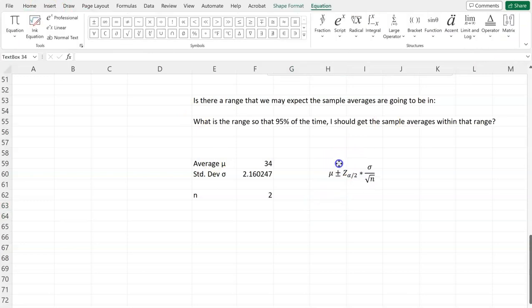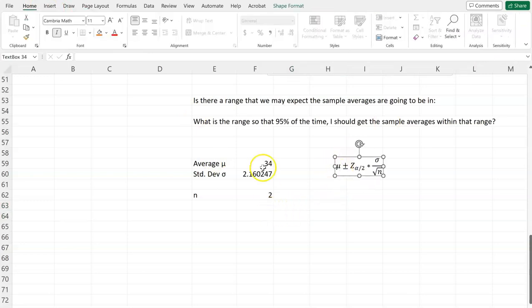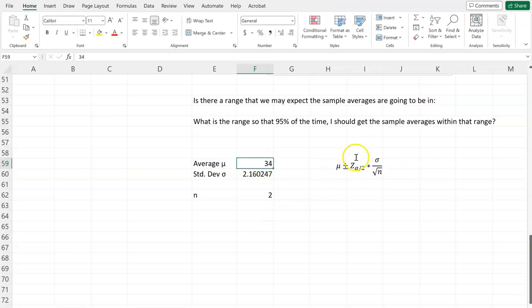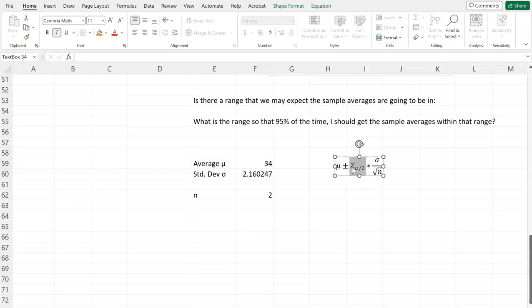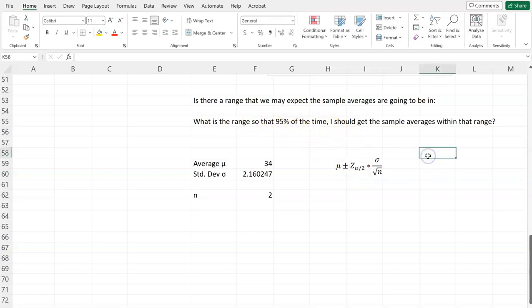So we are going to find out what mu is. We know mu is 34. And this number, z alpha over 2, is from the z values. If I want to be 95% confident, then alpha is 1 minus 95%, which is 0.05.